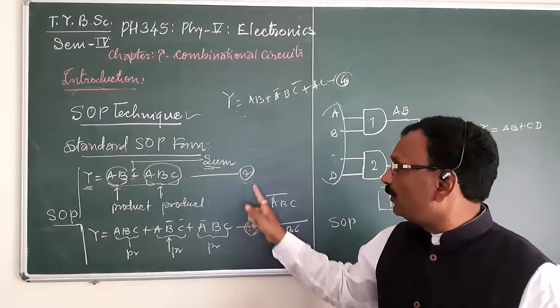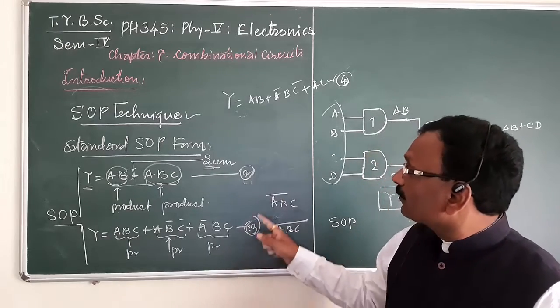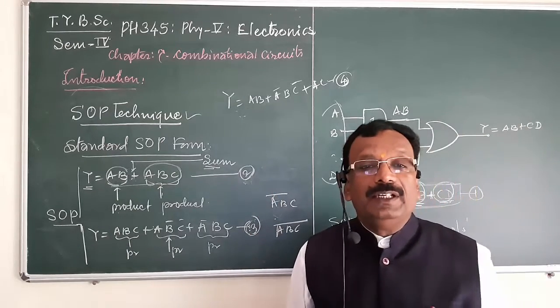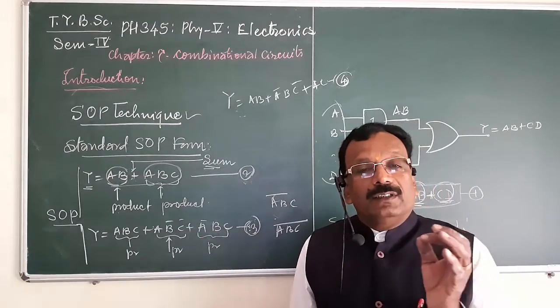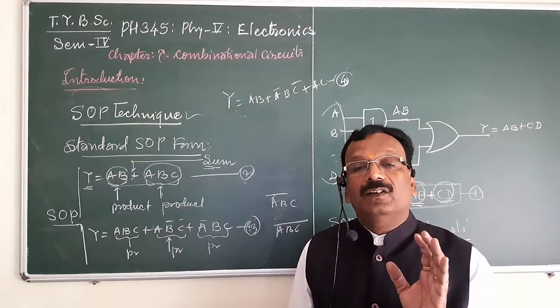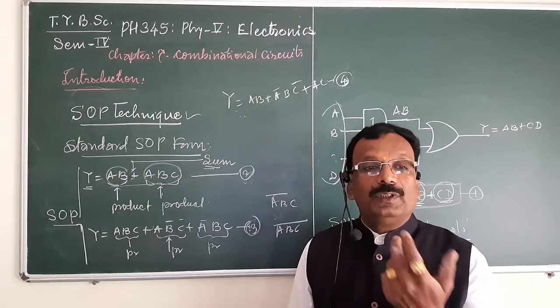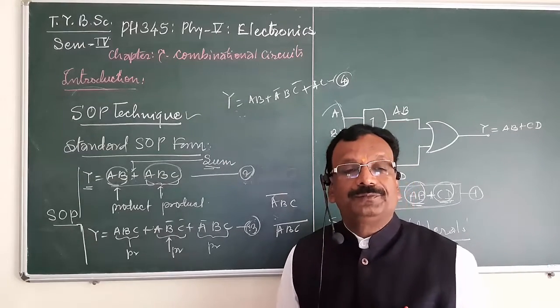Why is this standard SOP and why are these not standard SOP? In these equations, it is observed that a single over bar cannot extend over more than one variable. The bar is only for one variable.